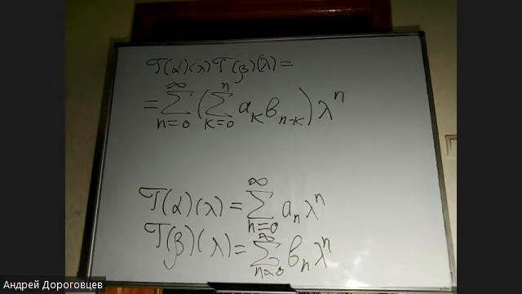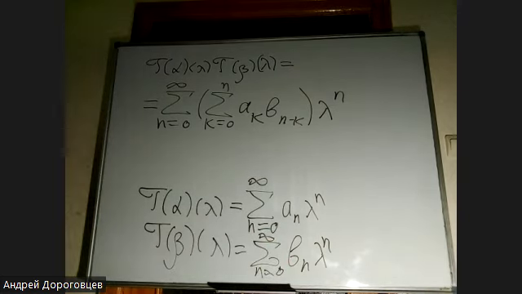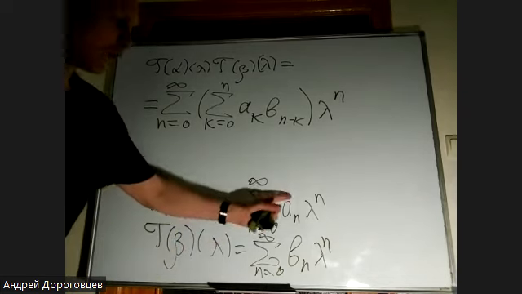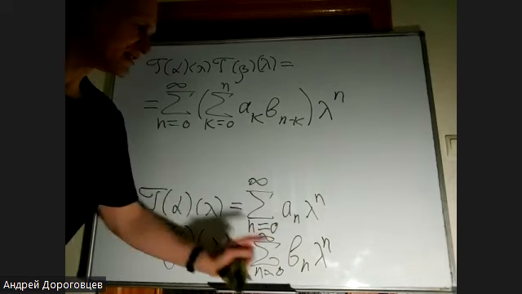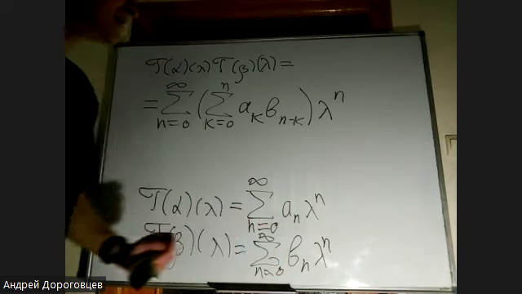Here, one essential remark must be made. You remember that the coefficients there are not arbitrary coefficients of a power series. They satisfy a special condition. Namely, we know that the series of a_n squared multiplied by n factorial is finite, and b_n squared multiplied by n factorial is finite.